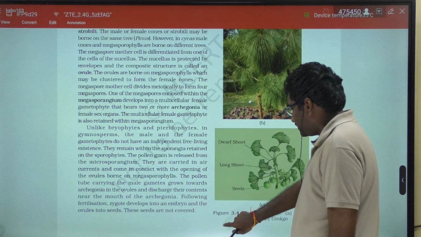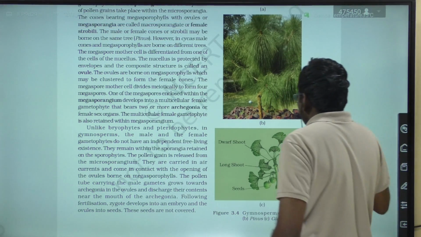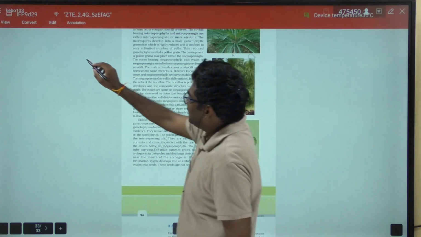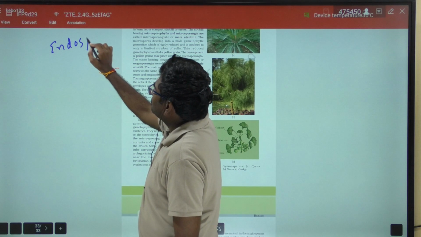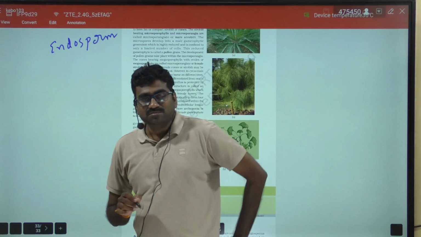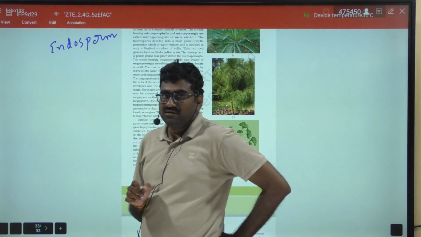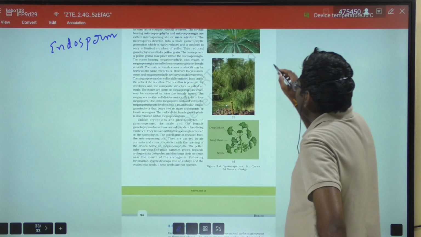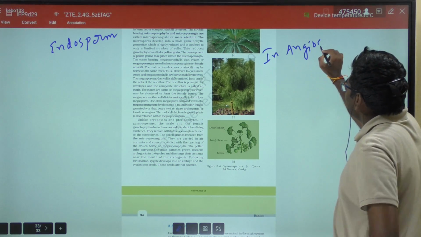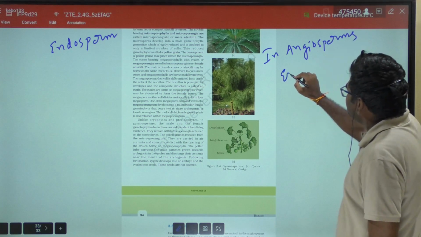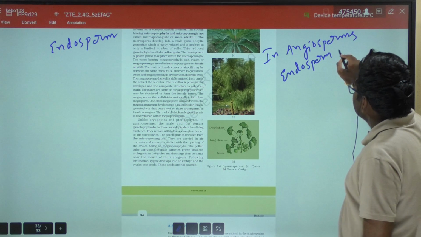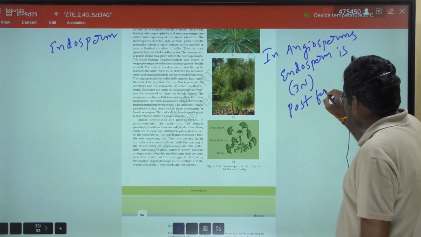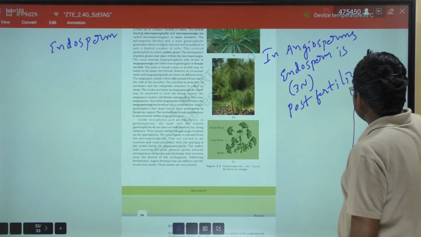Endosperm in angiosperms is triploid, which is a post fertilization event, a product of a post fertilization event.